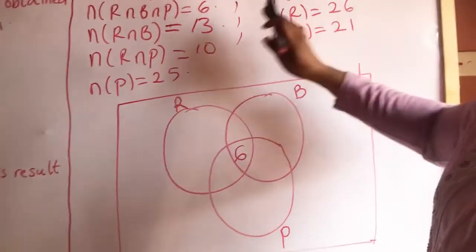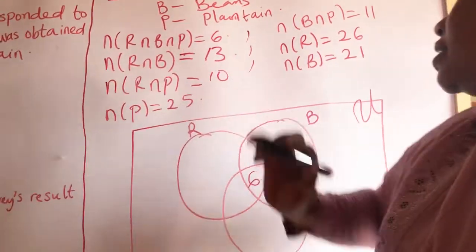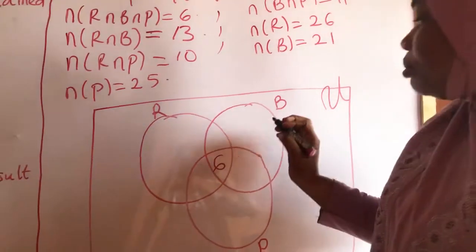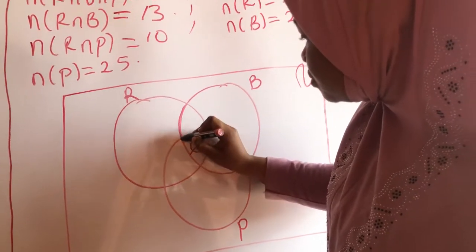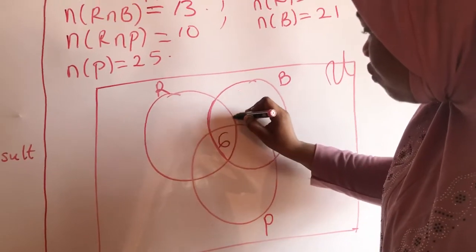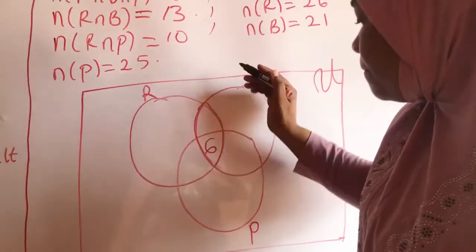Now, cardinality of rice and beans. Rice and beans will be here. This oval is for rice and beans.